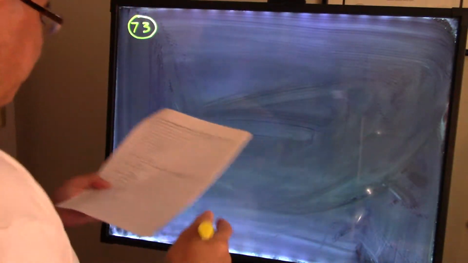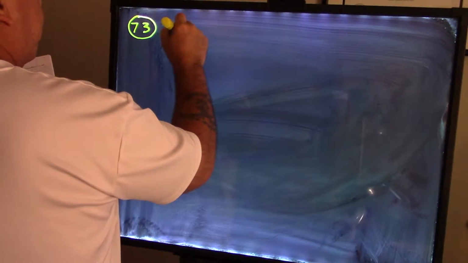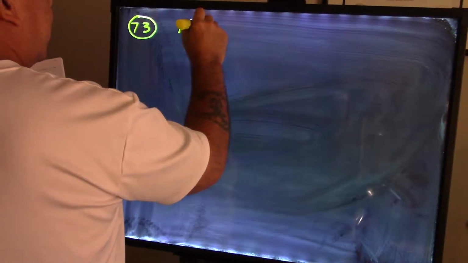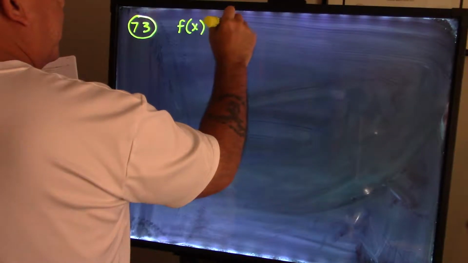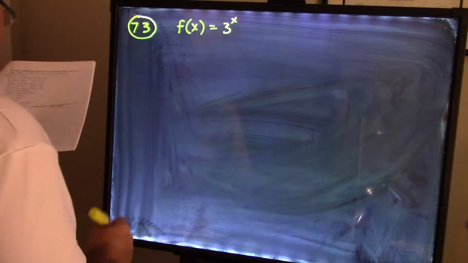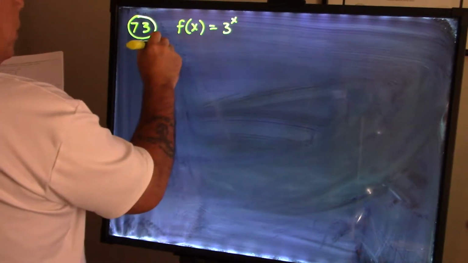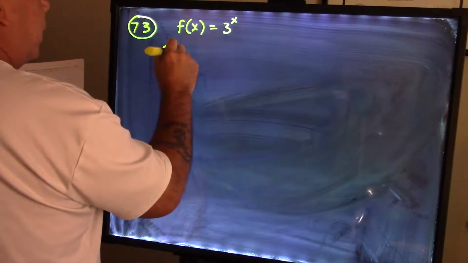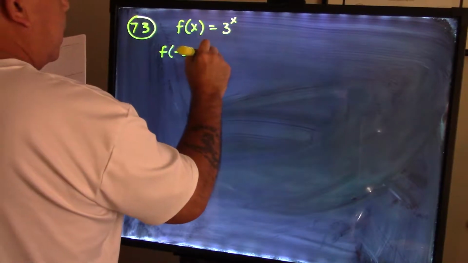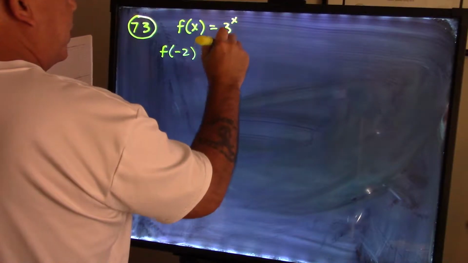Number 73. We have f of x equals 3 to the x power. So we have f of negative 2. And you put the negative 2 instead of the x.